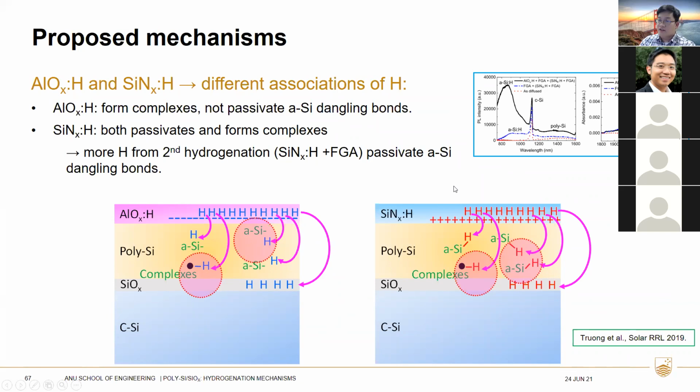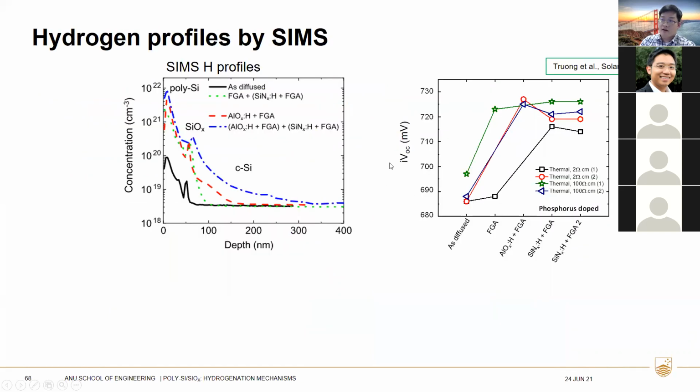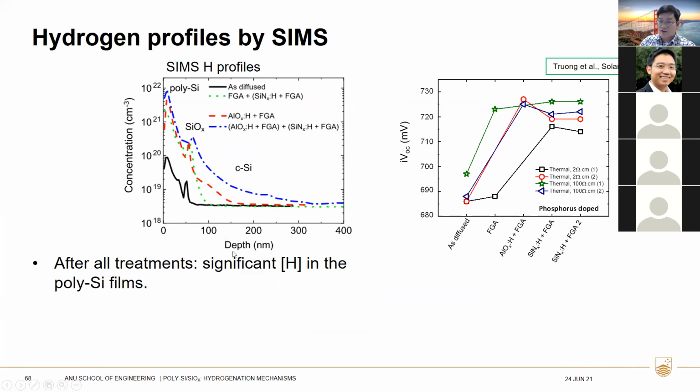So in the case of pre-ALOX, there will be more hydrogen from the second hydrogenation to passivate the dangling bonds, which explains why there's a higher hydrogenated amorphous silicon PL peak and dehydride peak here.